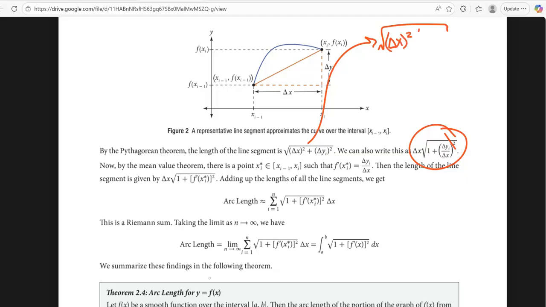If I factor that out, that leaves me with a 1 from this plus, and delta y sub i over delta x quantity squared. Then the square root of delta x squared would just be delta x. That gives us delta x times the square root of 1 plus delta y sub i over delta x quantity squared.